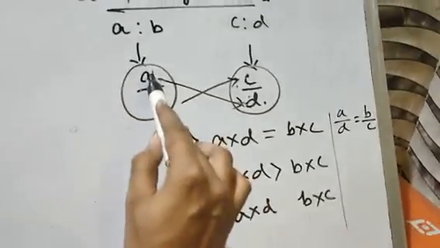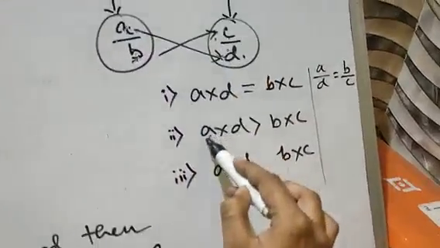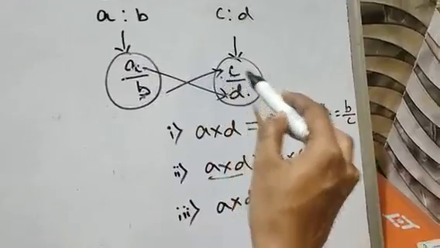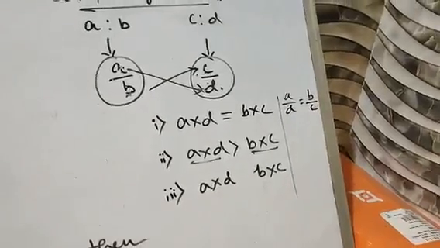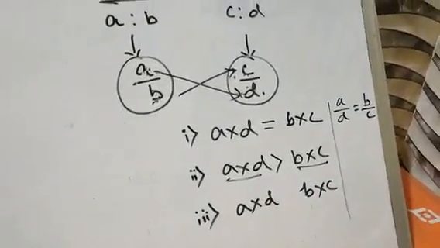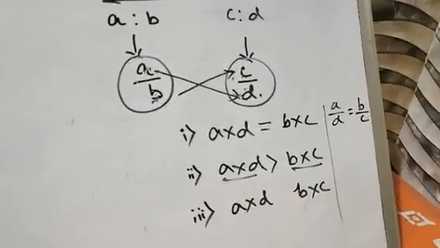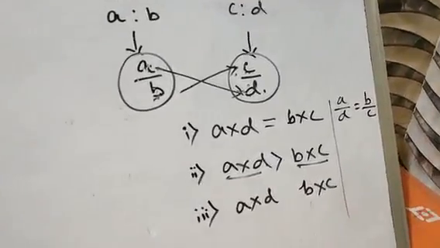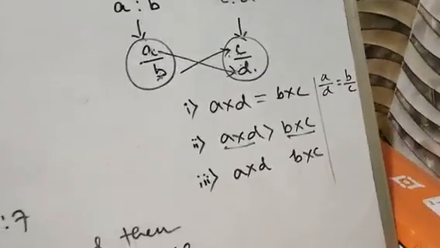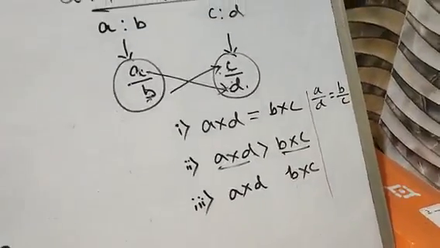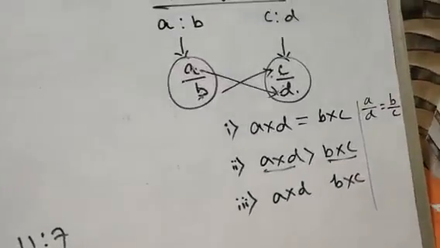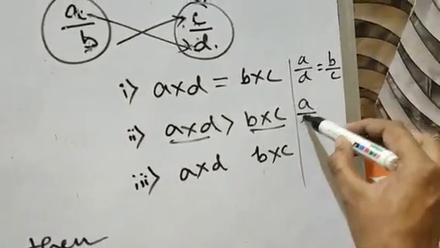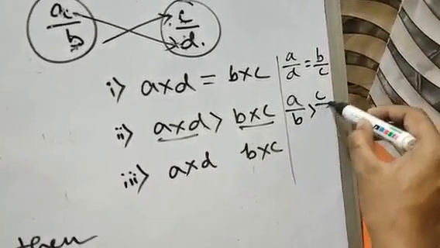The product of A and D is AD, and the product of B and C is BC. Now A into D is greater than B into C. Then the fraction having the numerator will be greater. Listen carefully. The fraction having the numerator will be greater. That means here A by B will be greater than C by D.